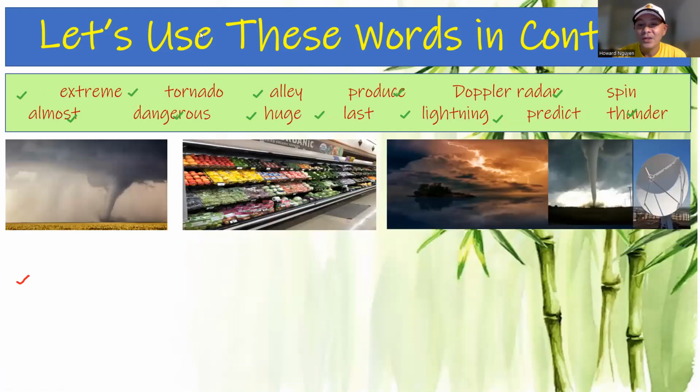Now, these next words, let's see if you know them or not. So say with me. Extreme, extreme, tornado, alley, produce, or produce, depends on the noun or the verb that you use.